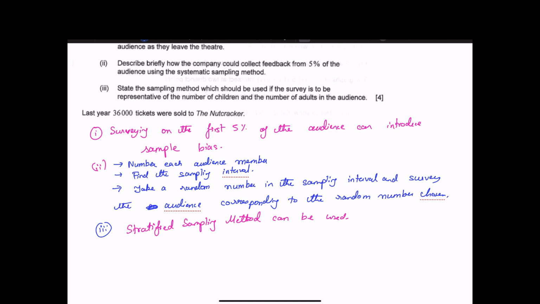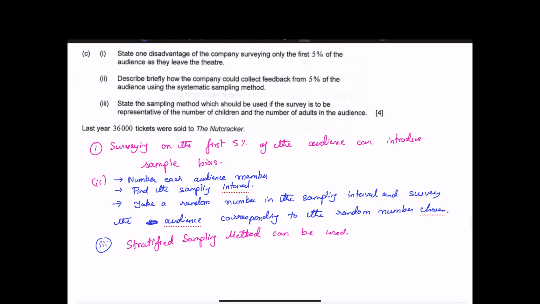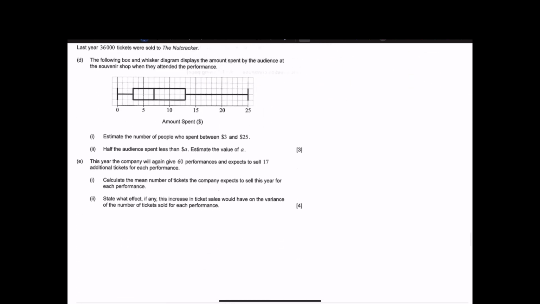We'll divide the audience into two distinct strata, one children and one adult, right? Then after that, you can go with the systematic sampling method, break them down, and collect the required number of surveys from each of the strata. So that will be all about part C.